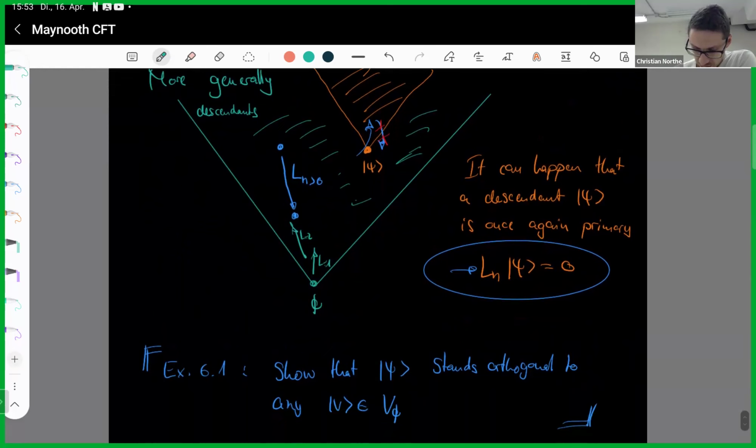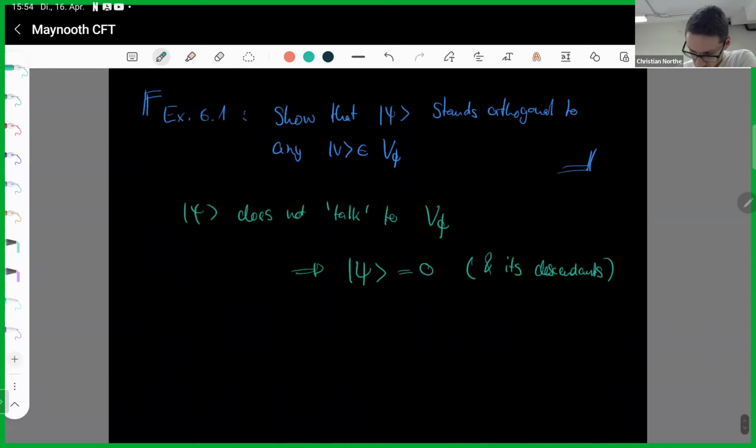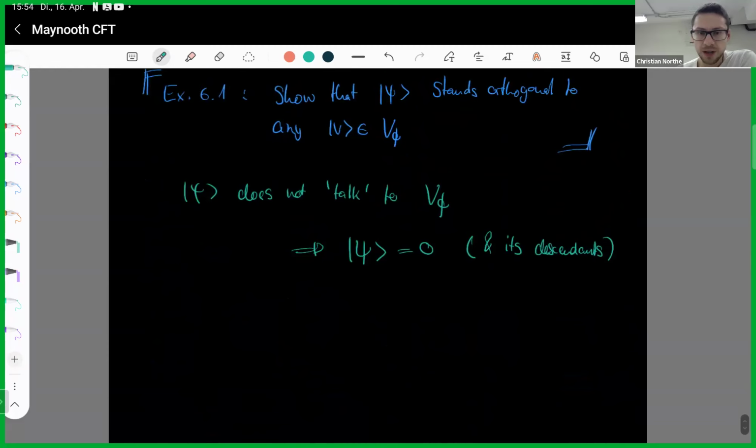Almost, because you can hop inside the orange area from the blue-green area. Okay, so this is what we mean by reducibility.